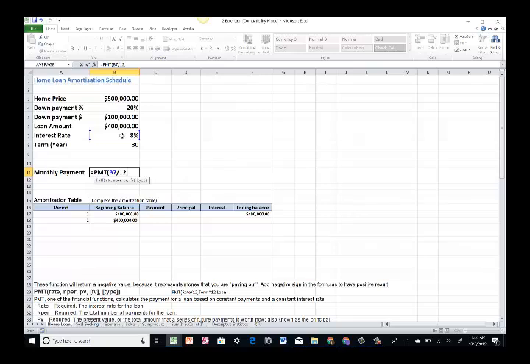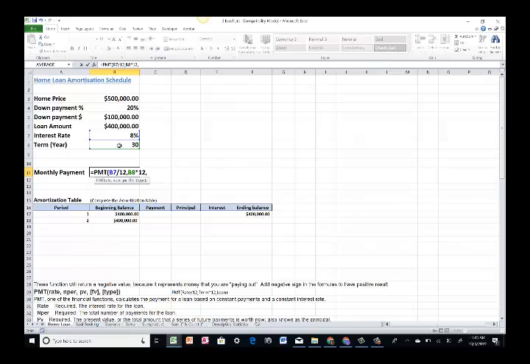I know that my loan is going to be paid out in 30 years, but I need to know the number of monthly payments that will be made within these 30 years. To calculate this number, I am taking the term of the loan, 30 years, and multiplying by 12, the number of months in a year. This is my second argument.